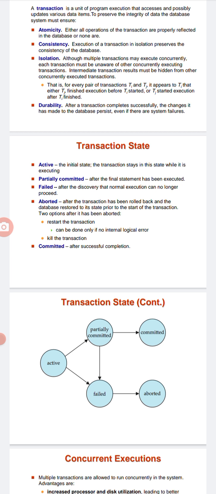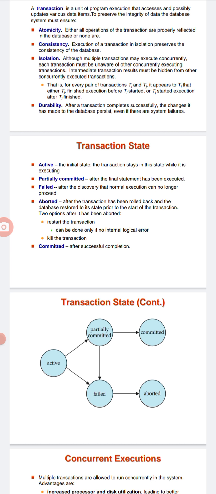In the transaction state diagram, the active state goes to partially committed on the upper side, and failed, committed and aborted on the lower side. The active state goes to partially committed, and on the other side the partially committed state can go towards failed. The failed condition is declared as aborted, or the partially committed state goes on to be committed.